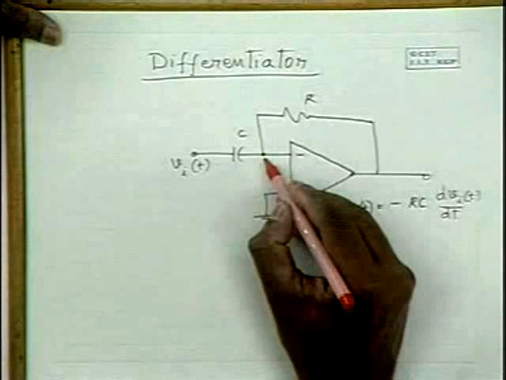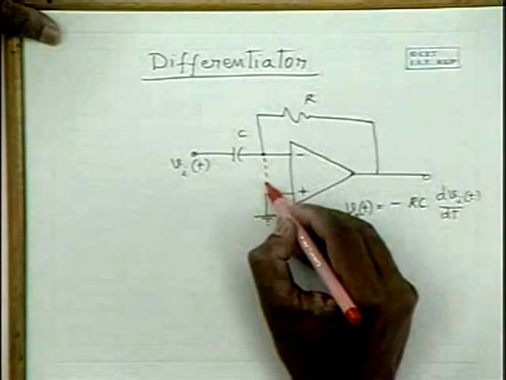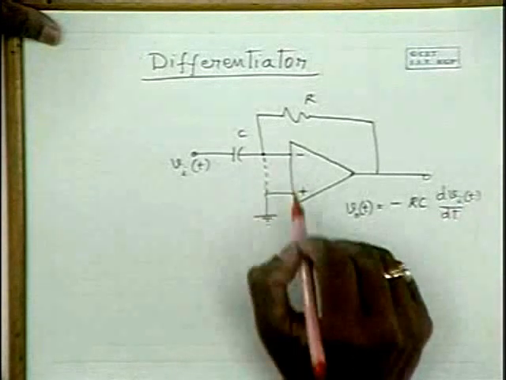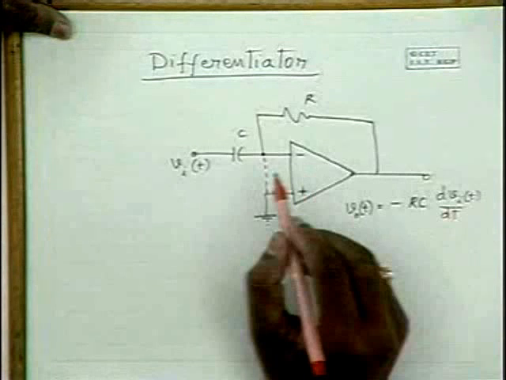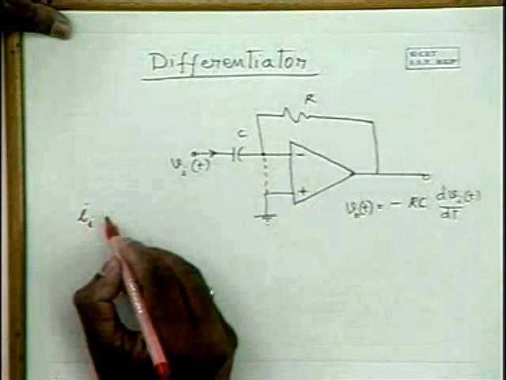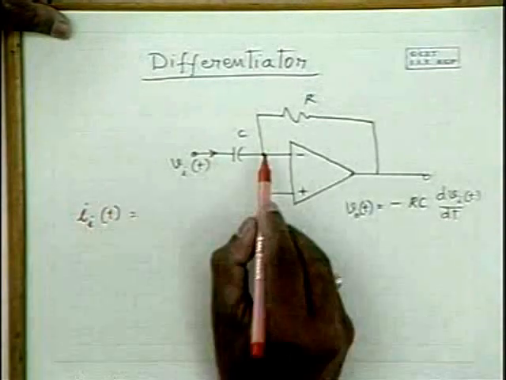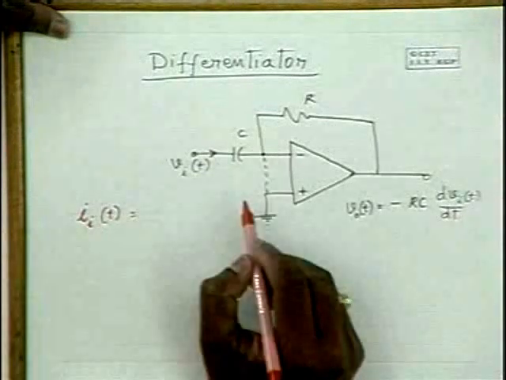Similar to what we did for the integrator, at the input you have the virtual short, hence the current that flows through the capacitor is naturally, since this side is grounded, Vi(t) drops across the capacitor entirely, almost entirely.